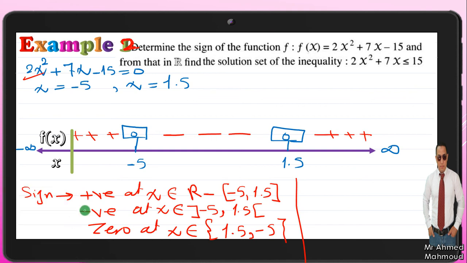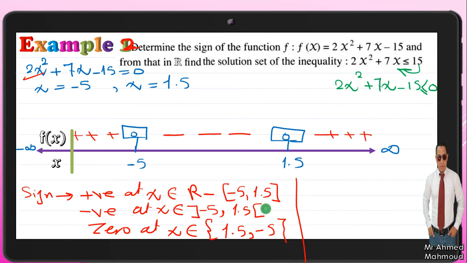Okay, now to find the solution set of the inequality, I'm going to move 15. It will be 2x power of 2 plus 7x minus 15 less than or equal 0. This is the same function, I got its sign. So I need the negative and 0.